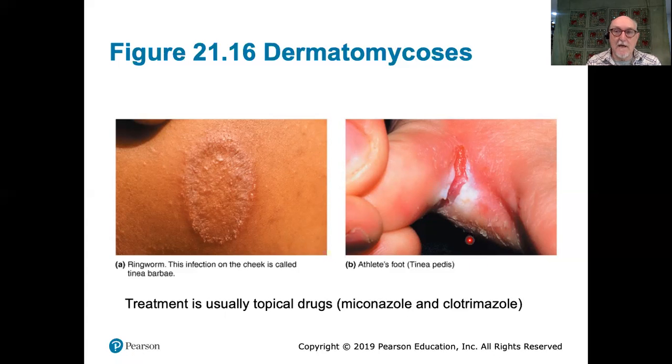If you do have it, you just need to be assiduous about treating it for a good long time, for a couple of weeks, in order to ensure that you get it. But you will, in actual fact, never really get rid of the organism. It's just you want to beat it back and try to establish a normal skin flora, which will keep it in check.